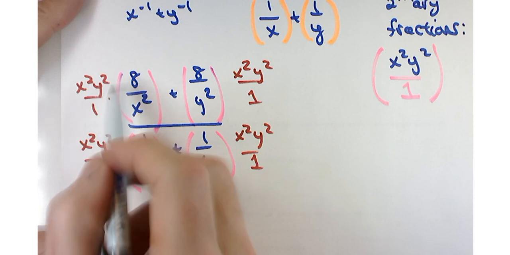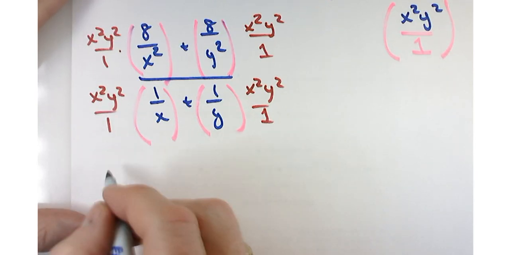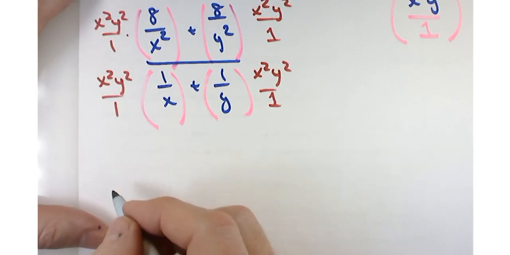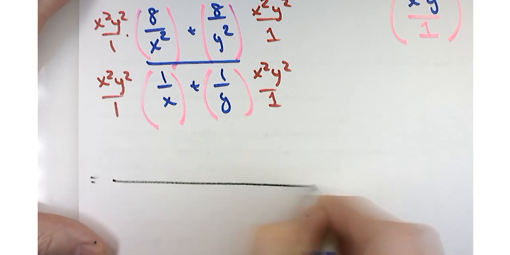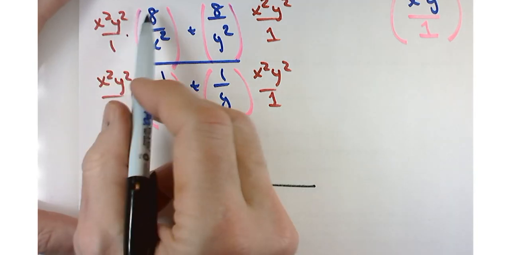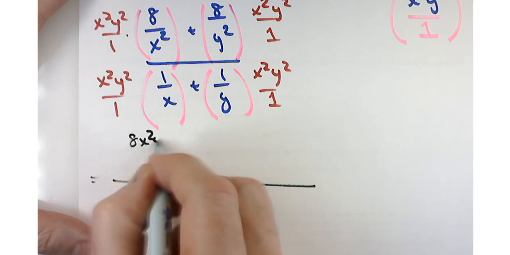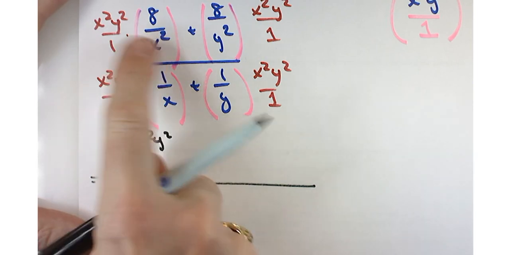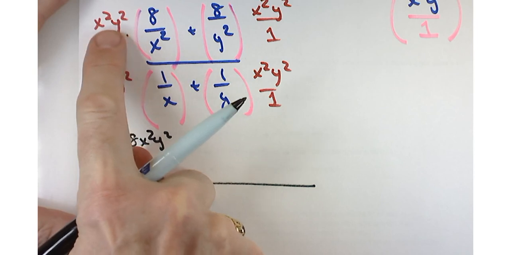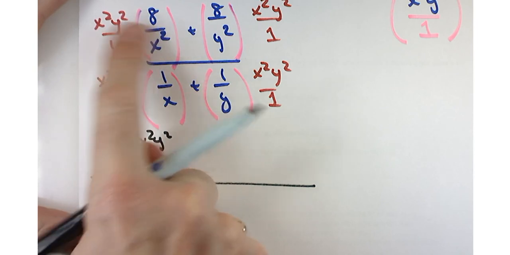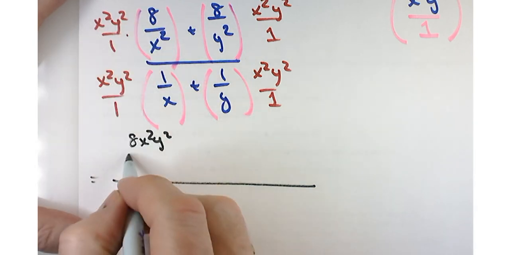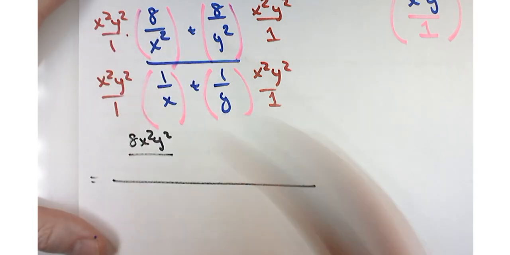You've got numerators and denominators. This is going to be 8 times x squared y squared. It's not 8x squared 8y squared, because there's no plus between there. There's no distributing. You're just changing the order in which they multiply. That's the numerator. What's in the denominator?